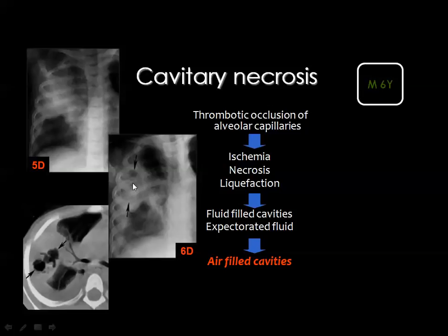And this is attributed to, as the literature say, the thrombotic occlusion of the alveolar capillaries will lead to ischemia, necrosis, and the liquefaction of the affected part of the lung, and this will result in multiple fluid-filled cavities. Later on, the fluid is expectorated and you are left with air-filled cavities.